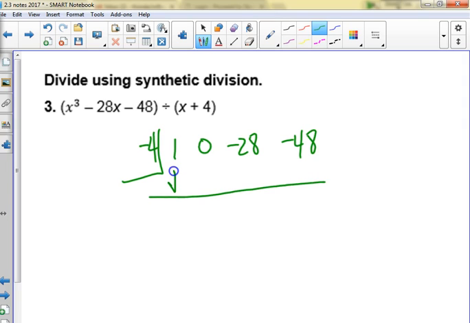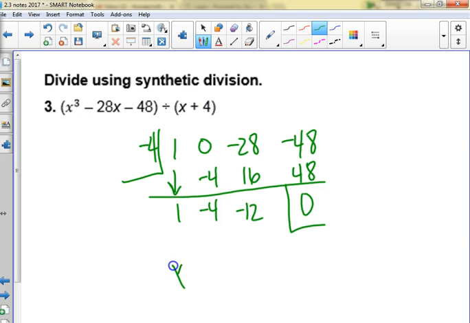All right, so we do bring down, multiply, add, multiply, add, multiply, add. Anybody else get that when they tried this one? So what happened? It went in evenly and it came out what? Okay, because this is the remainder. This is the constant term.